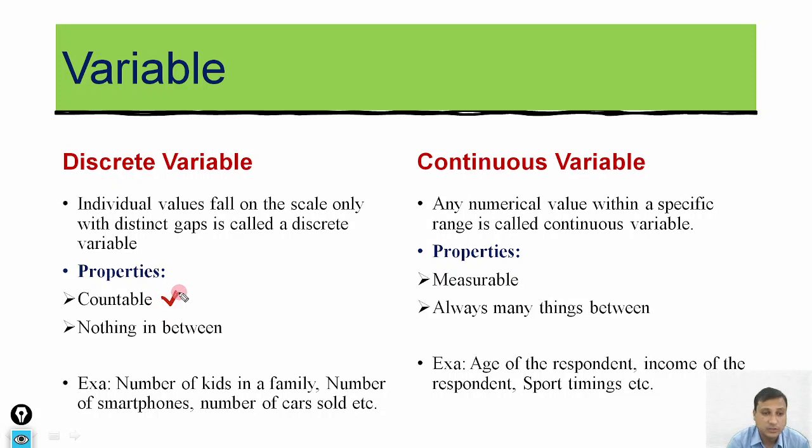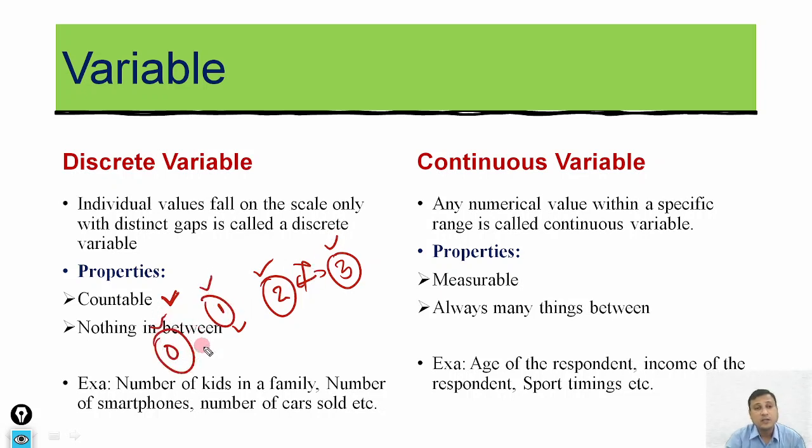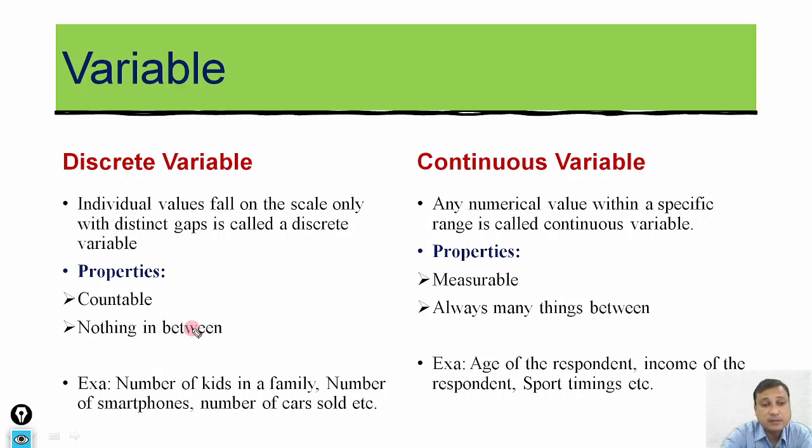We can count it, and there is nothing in between two things. Suppose there are two smartphones in one family, and in another family there are three smartphones. There is nothing in between. Either you have two smartphones or three or one or none. Fine. So such kinds of variables are known as discrete variables.